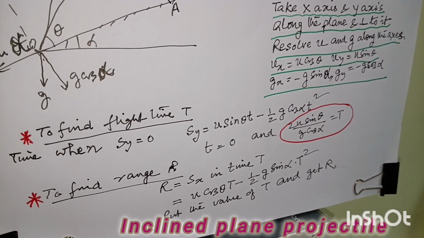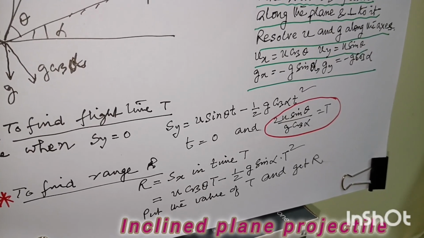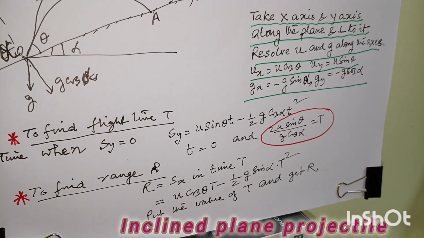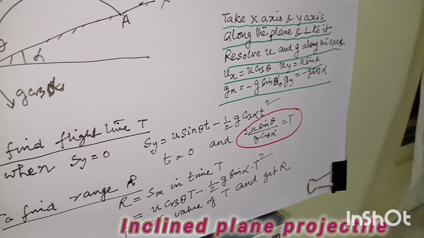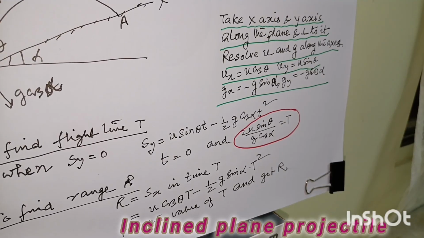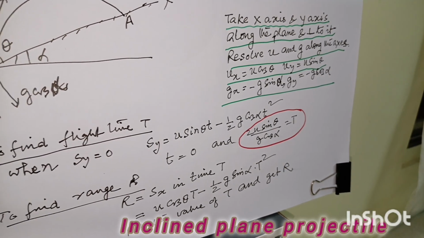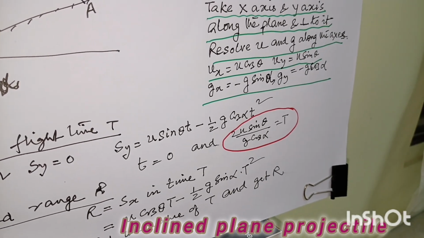So that is how we find the inclined plane. We will treat like this and we will find the time period and also the range. That means what we do, we take x-axis and y-axis along the plane and perpendicular to it. We resolve u and g along these two axes.